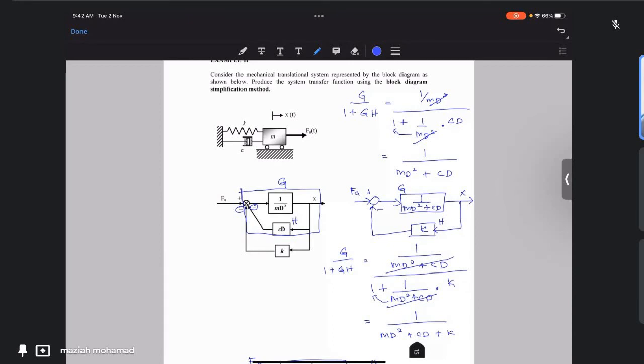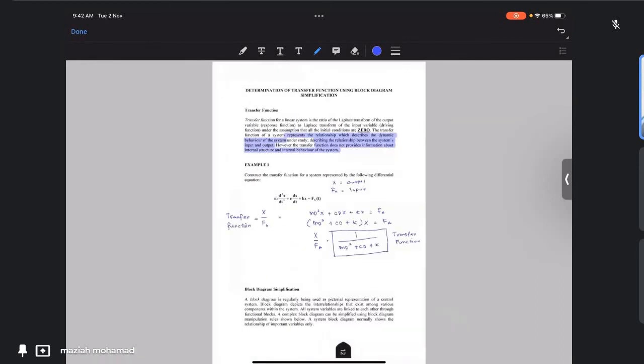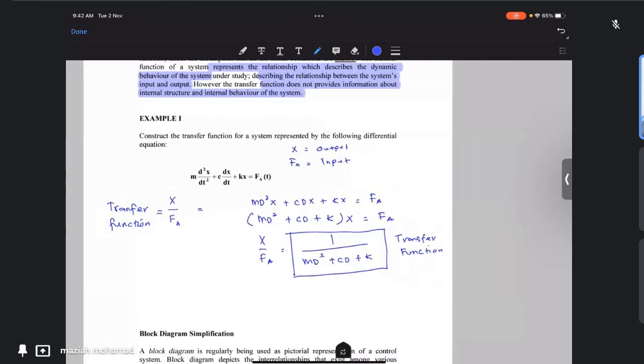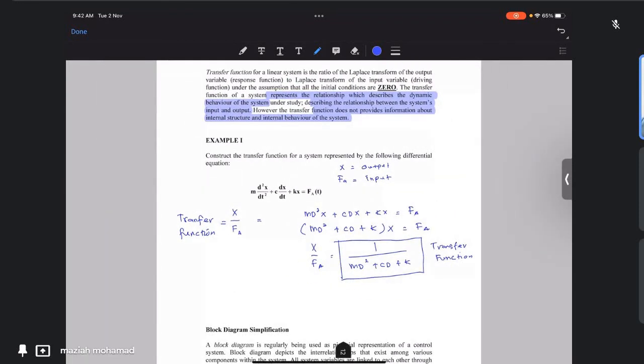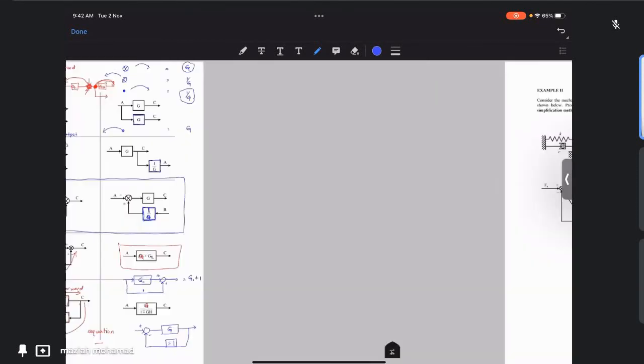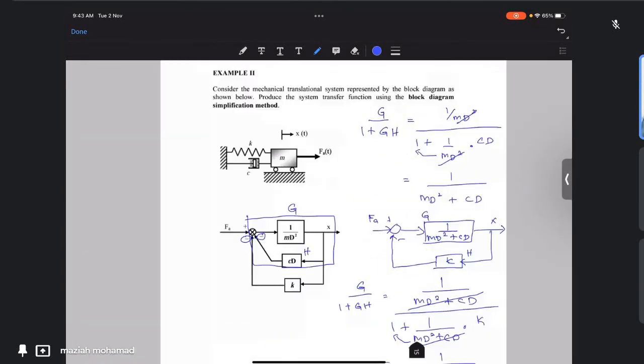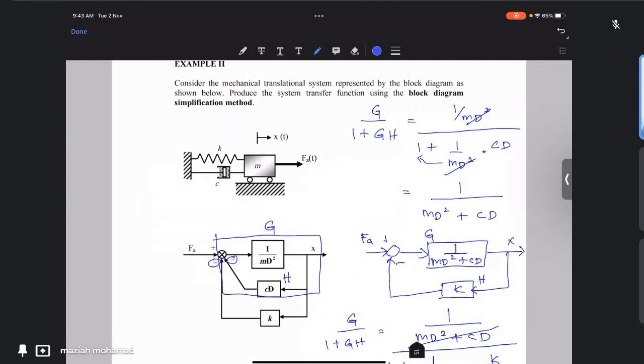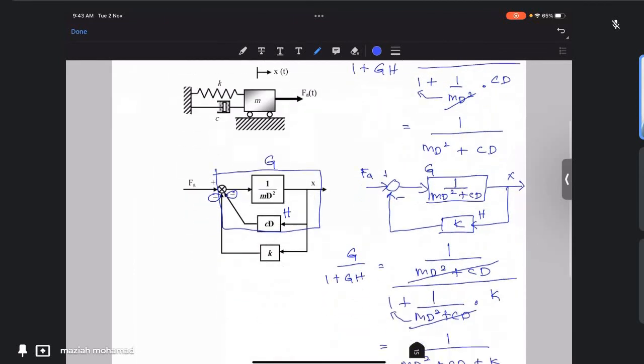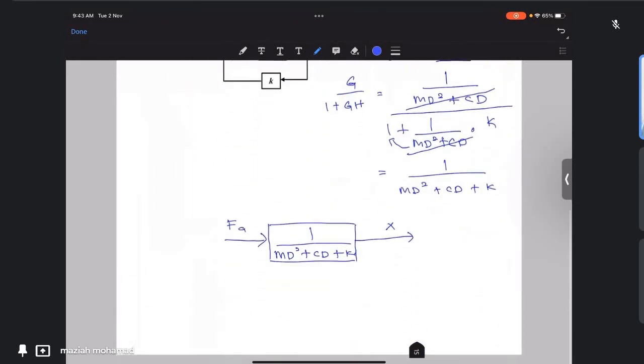If you see this system here, mass, spring, and damper pulled by a force, it is actually the same equation for this system, 1 over md square. So based on the block diagram, because before this you already drew a block diagram for the same system, we simplify it so that we get the final transfer function.